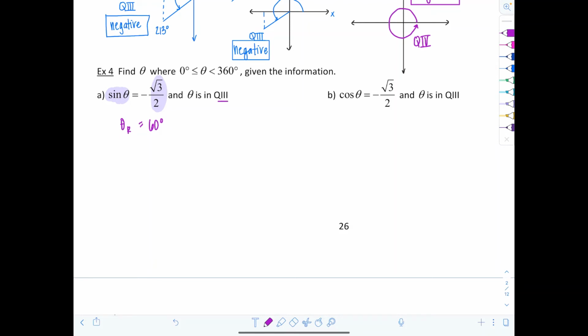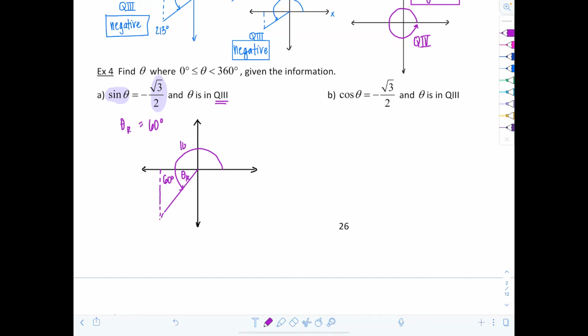Now they're telling me theta's in quadrant 3. Okay, so if I need a 60-degree reference angle, but theta's in quadrant 3, that means theta starts here, goes all the way to 180, and then it keeps going 60 degrees more. So that the terminal side's here in quadrant 3, and then there's my reference angle.